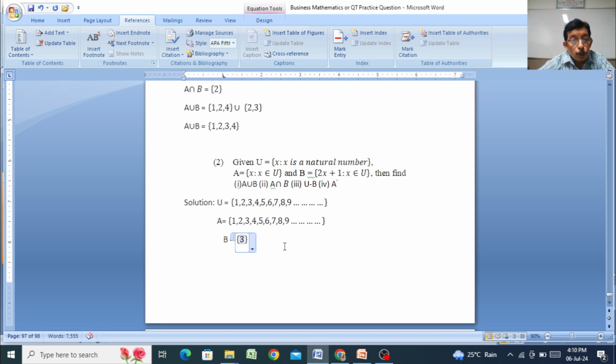Now 2 times 2 is 4, plus 1 is 5. Now 2 times 3 is 6, plus 1 is 7. The next numbers are 9, 11, 13, 15, and so on. This is the value of B.